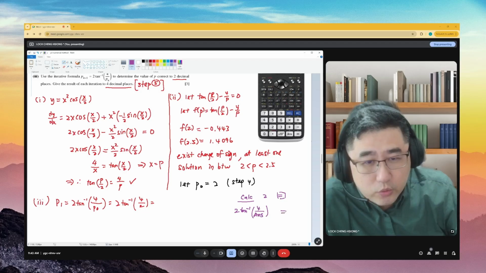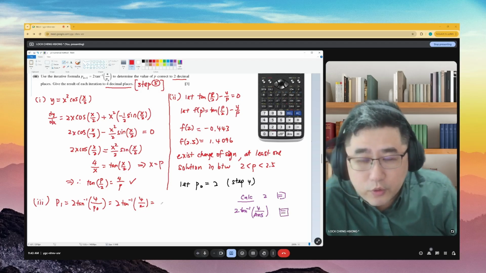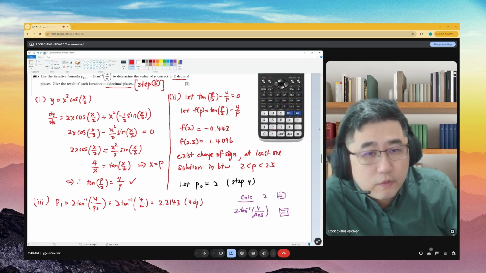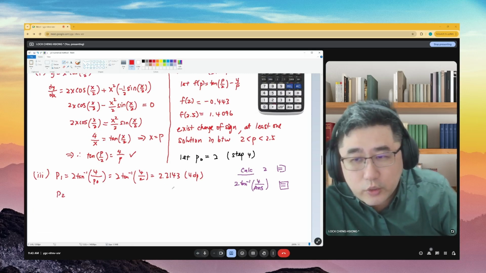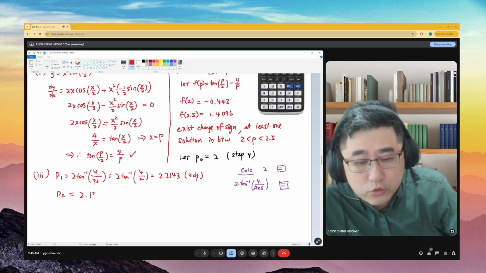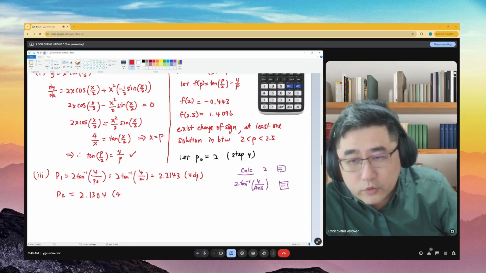I press equal one time, which gives me the first approximation, 2.2143, to 4 decimal places as the question says. Then I can write my P2. All you need to do is press equal again, and you will see 2.1304, to 4 decimal places.